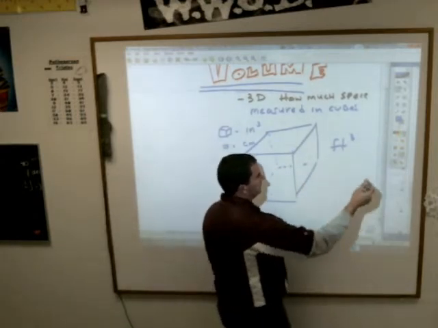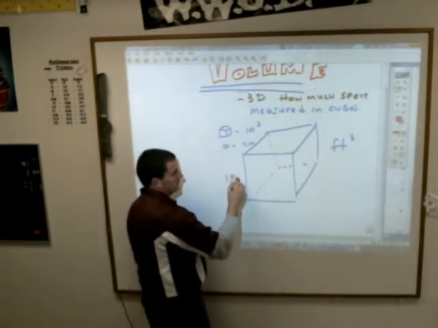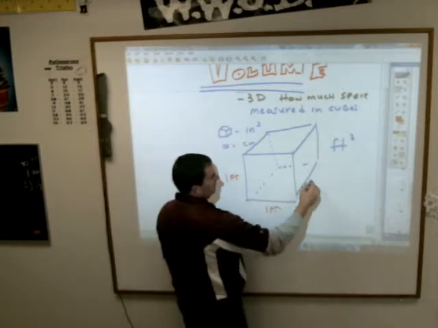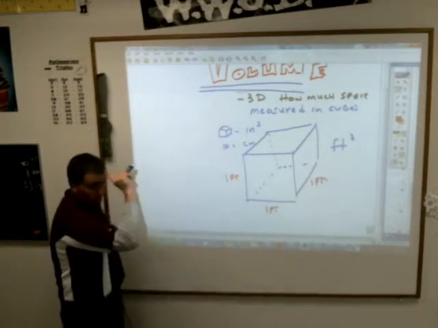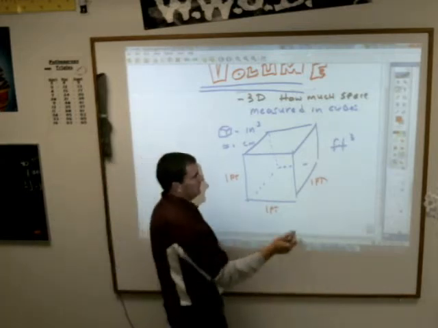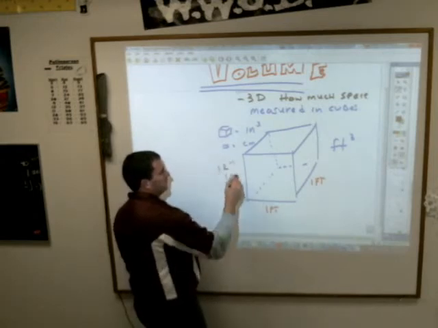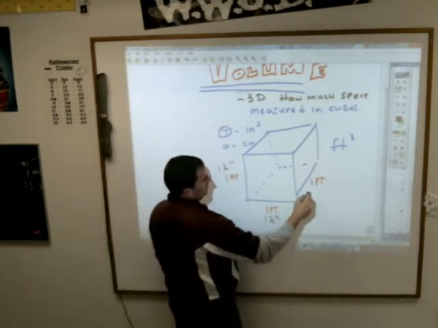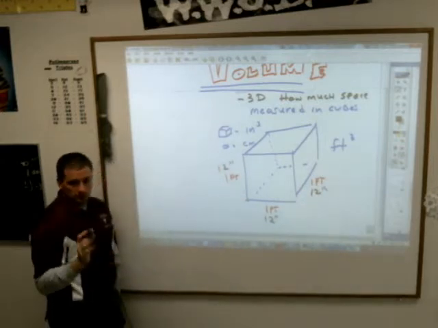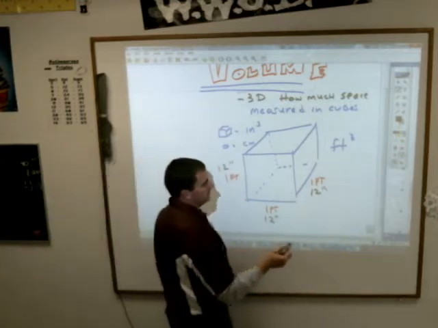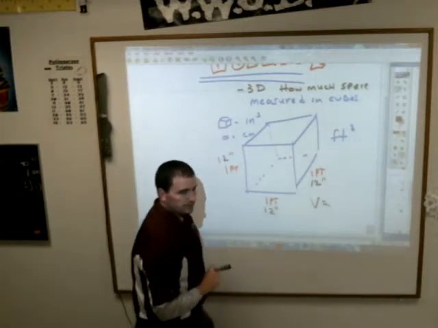Well, here is how you figure it out, ladies and gentlemen. A cubic foot is 1 foot by 1 foot by 1 foot. Anybody want to disagree with that? And how many inches are in a foot? That means this shape is 12 inches by 12 inches by 12 inches. And to find volume, in the way that we've always found volume, this will change today, volume of a shape was always what? Do you remember?